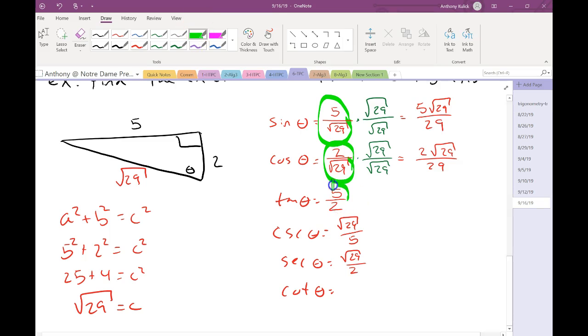And likewise, cotangent is the reciprocal of tangent. 2/5. Cotangent? Okay. That's okay.